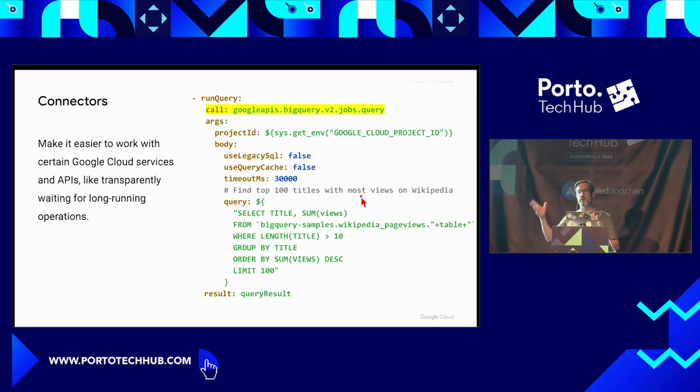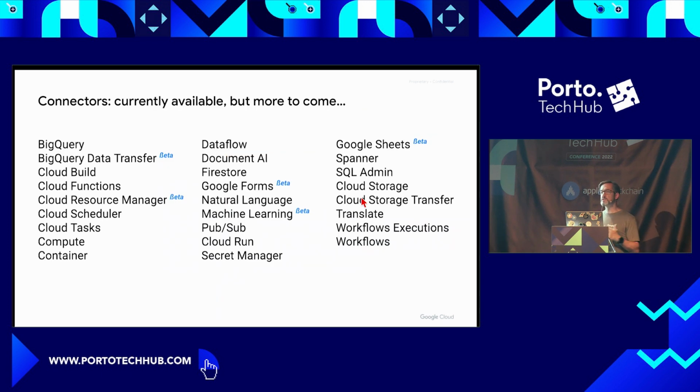It's going to handle long-running operations and that kind of stuff. And there are connectors for various products and APIs. So for example, there are some cool ones, like if you want to interact with Google Sheets. So you can tie a workflow with a spreadsheet.